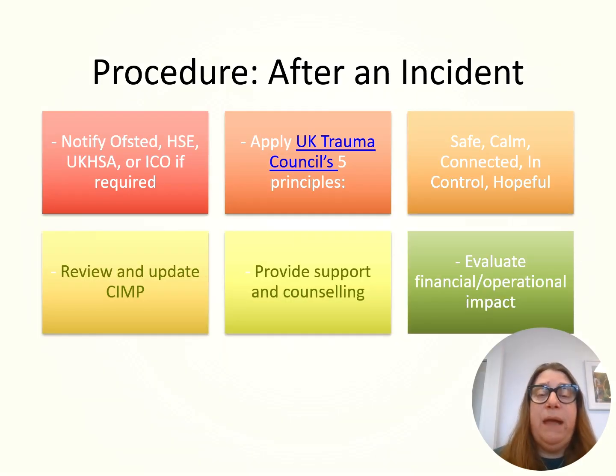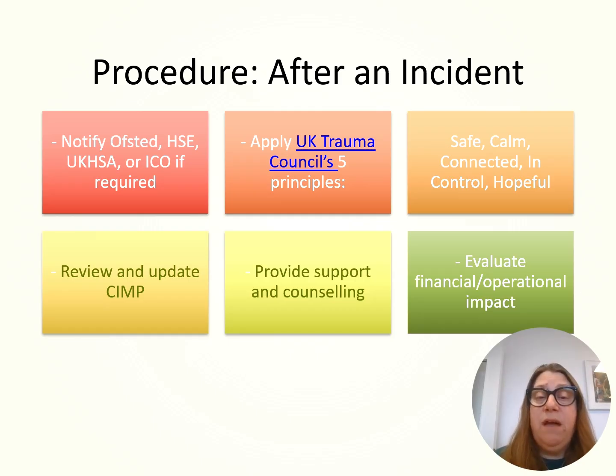And then we're thinking about what we need to do after an incident has happened. Have we contacted outside agencies as needed and supplied any information that they will want to see and have about how you managed the incident? Consider how you can support children, staff and families recover from the incident using the UK Trauma Council method of being safe, calm, connected, in control and helpful.